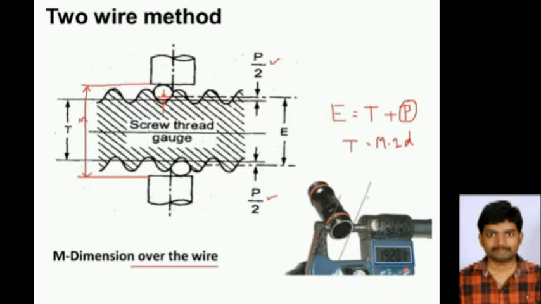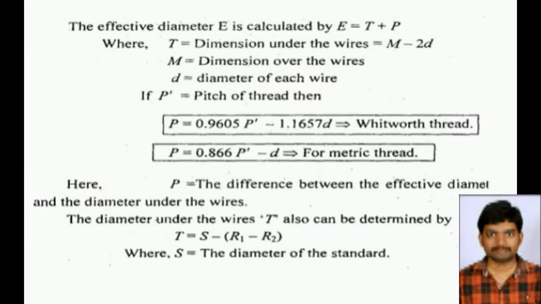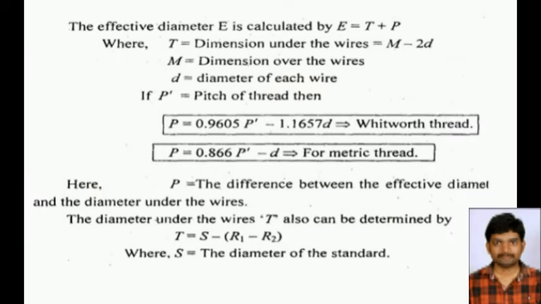Using the relationship E equal to T plus P, where P depends on thread angle and pitch, and T is equal to M minus 2 times d, where d is the known diameter of the wire, and M is the dimension over wires.